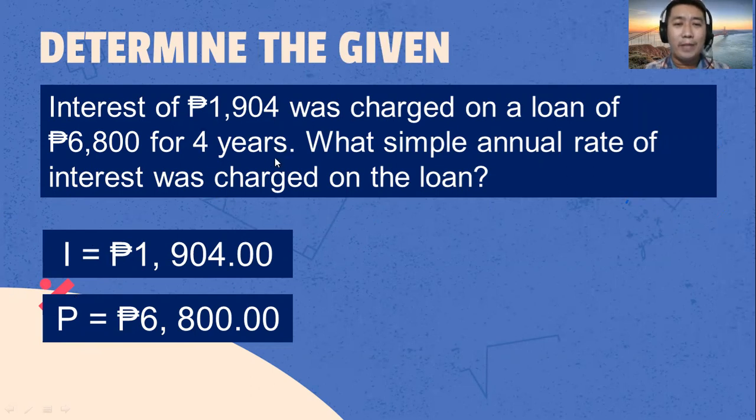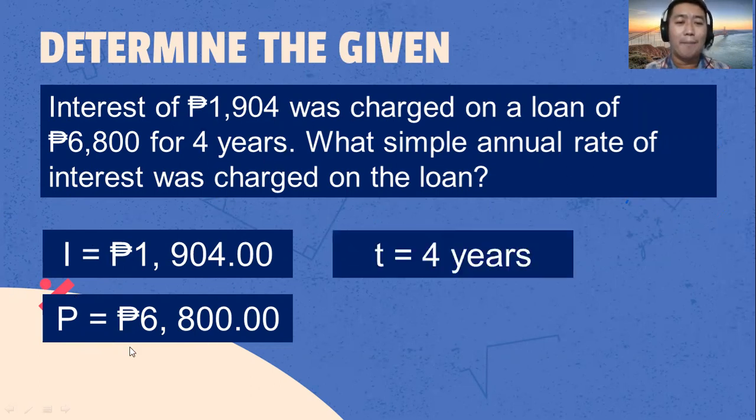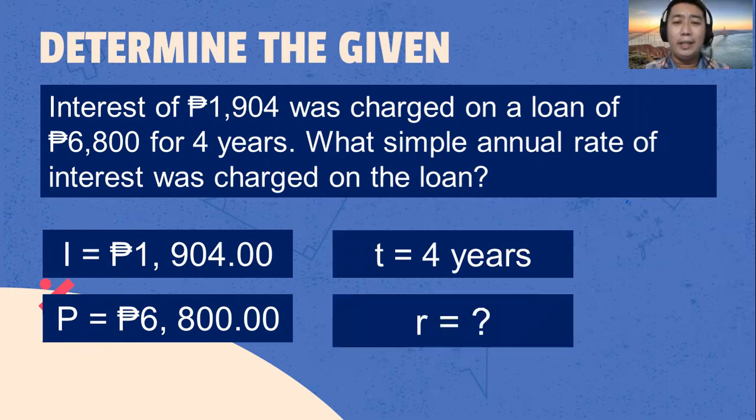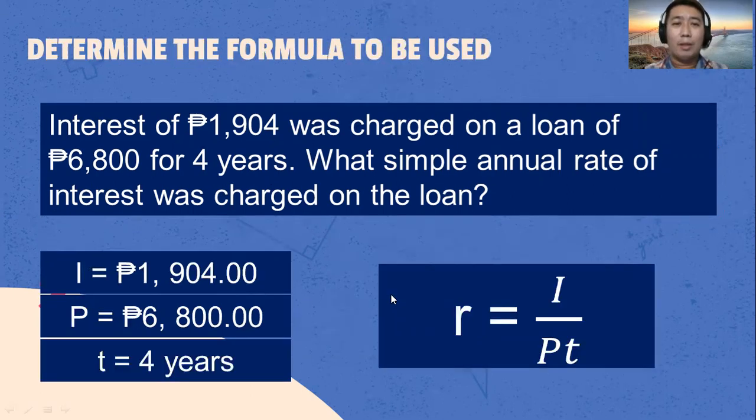We also have 4 years, that is the time. And we are going to determine the rate of interest. Those are the given. Let's now determine the formula to be used. We are going to use rate is equal to interest over the product of the principal amount and the time, since these are the given of the problem.